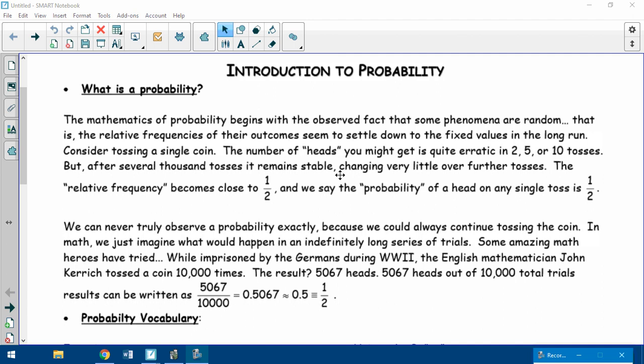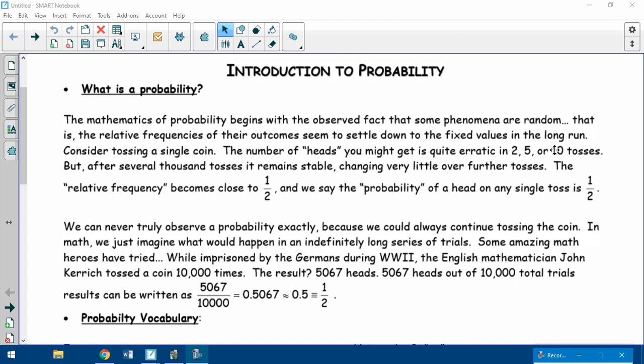If you're flipping a coin 2 times, it's very possible that in those 2 times you'll never get tails. So that doesn't mean the probability of getting heads is 100% because you never got tails. Same with 5 times. You could conceivably get 5 heads and no tails. That could happen. It's not super realistic or super likely, but it could happen. If you do 10 tosses, it's even a little less likely. Again, you could get 10 heads.